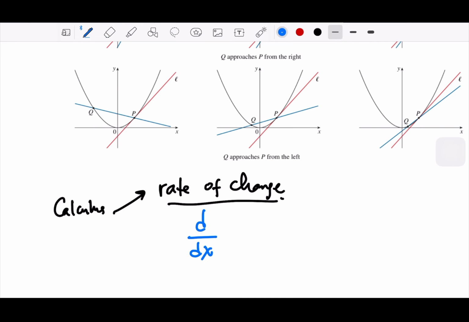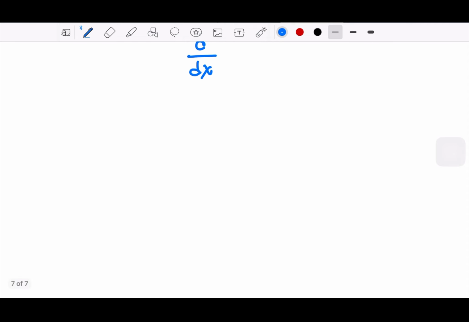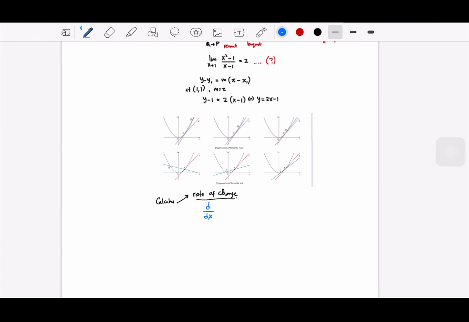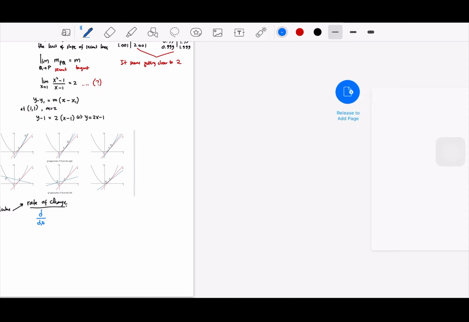Okay. So another problem to get the idea of limit, we call the velocity problem. Okay, let me take this into the next page. Velocity problem.